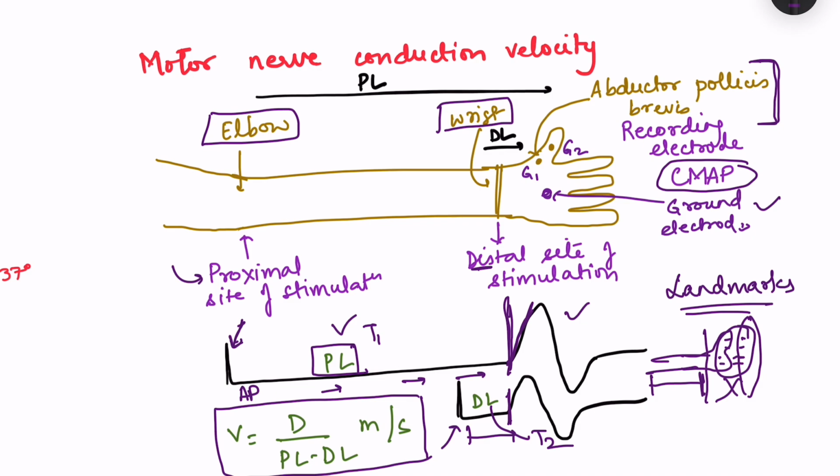D is the distance between the proximal and the distal stimulating sites. We measure that distance with a measuring tape, and we subtract the distal latency from the proximal latency. So, we get the time for the conduction of the action potential between these two stimulating sites. And velocity is distance upon time. So we get the motor nerve conduction velocity, right?